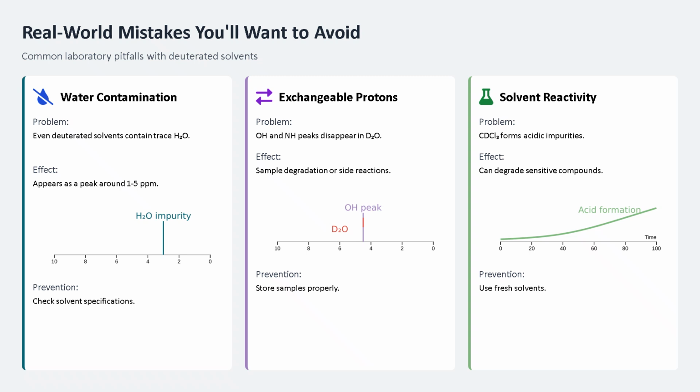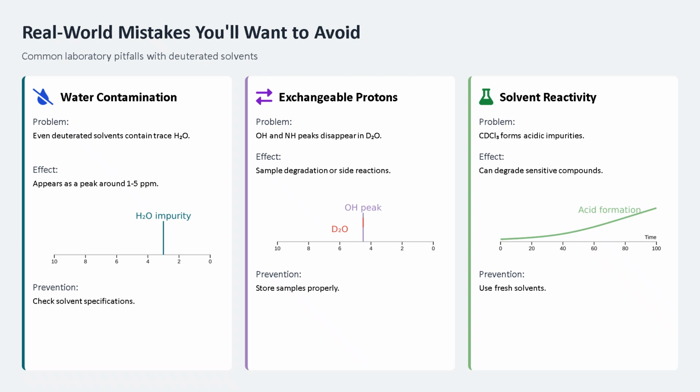Even experienced NMR users run into practical issues with deuterated solvents. One common issue is water contamination. Even high-quality deuterated solvents contain trace amounts of H2O, which show up as small peaks in the spectrum. Another issue involves exchangeable protons.